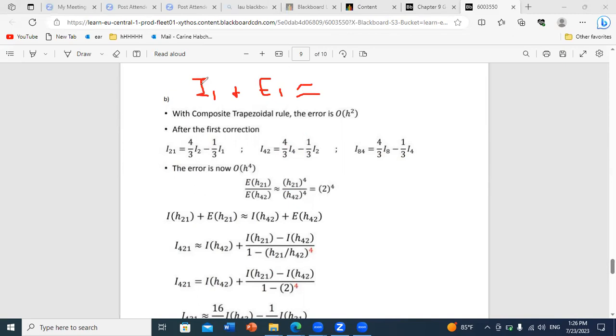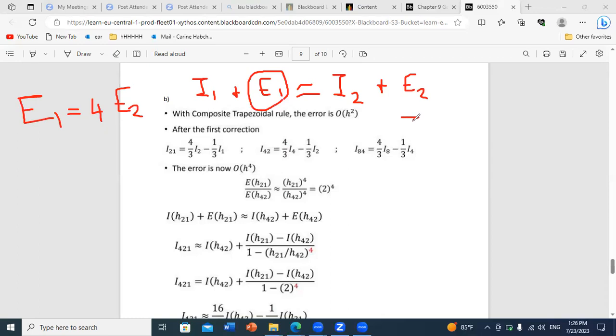So the first method uses just a certain number n1 of segments, and then when I use n2, I get I2 plus E2. But now we have seen a relation between E1 and E2. We said that error E1 is equal to 4 times E2, because when we do 2 squared, it's 4. So we can replace in this equation the error E1 by 4E2.